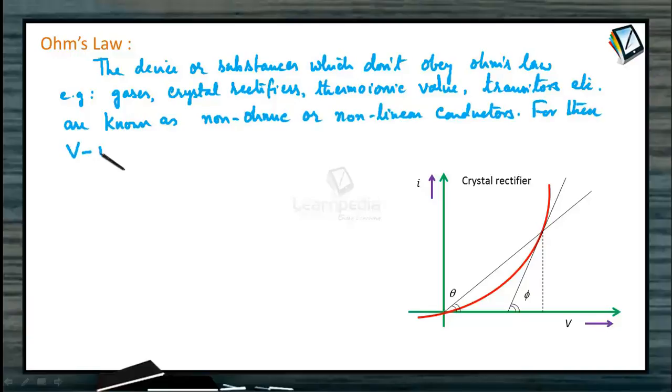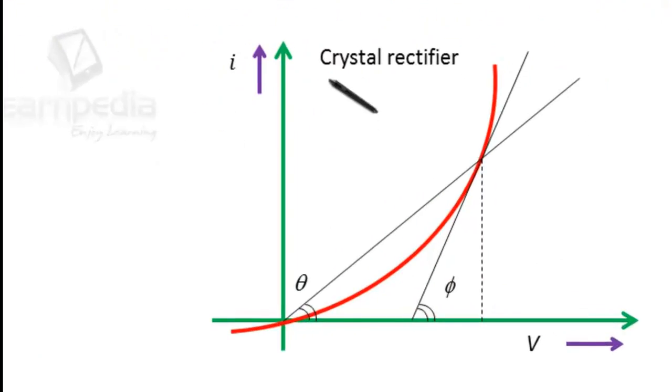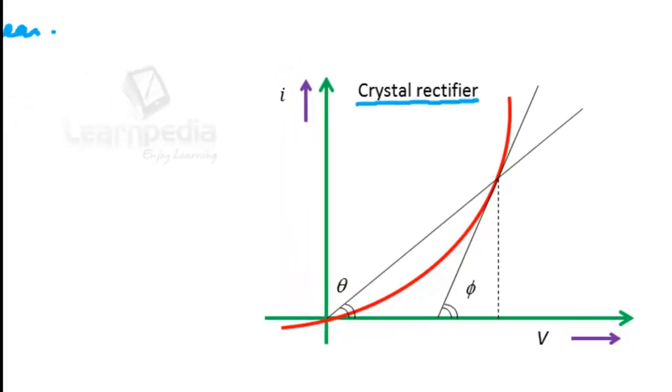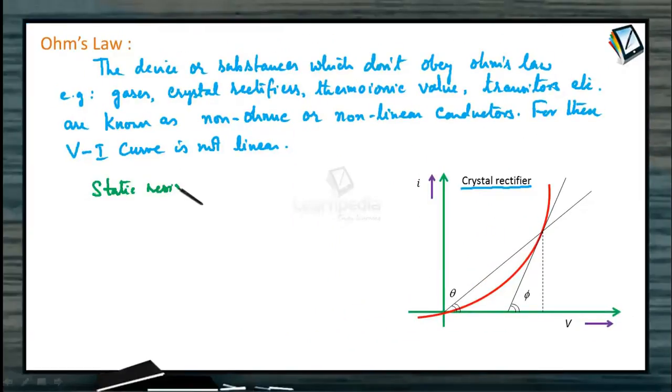For these, the VI curve is not linear or a straight line as shown here. This figure is for a crystal rectifier. The graph is non-linear. Voltage or potential difference is taken on the x-axis, current on the y-axis. Static resistance we can write as R static. It is equal to V by I, and that will be 1 by tan theta from the figure.